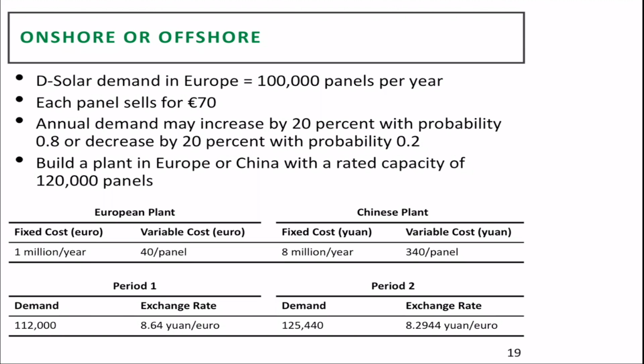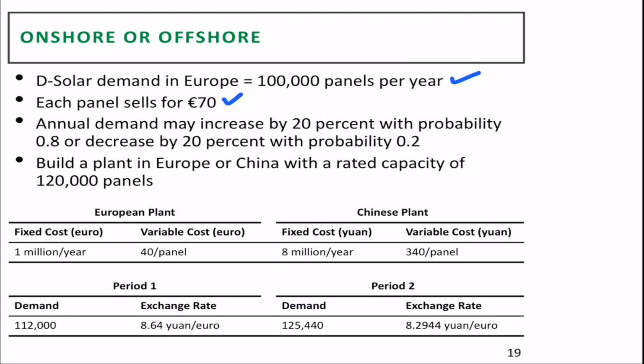Let's look at another example where there's a solar company called D Solar, a German company, and the decision they are facing is whether to onshore or offshore. The current demand is about 100,000 panels per year, and each one sells for about 70 pounds.